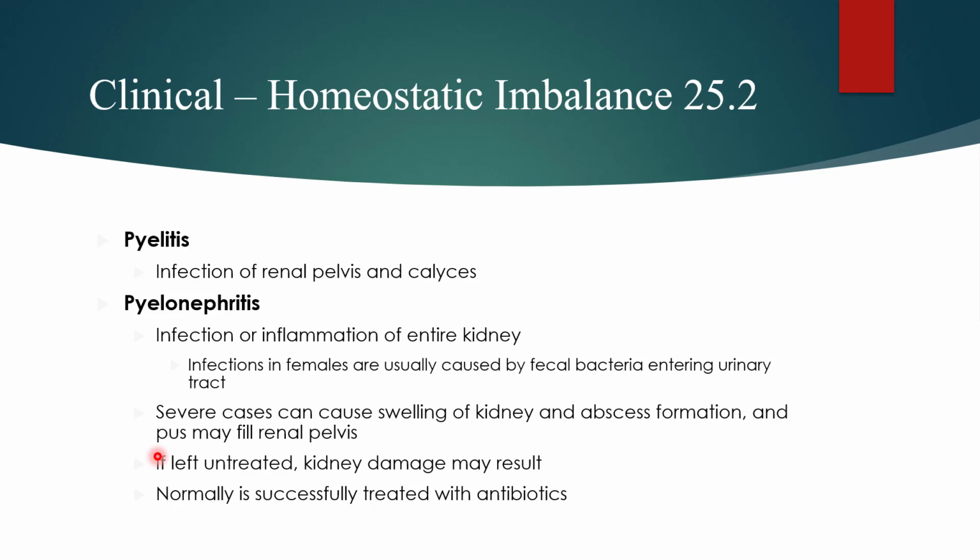Several cases can cause swelling of the kidney and abscess formation, and pus may fill the renal pelvis. This is one of the extreme cases of pyelonephritis already. If it's left untreated, the kidneys may be totally damaged. Usually treatment with antibiotics is successful.